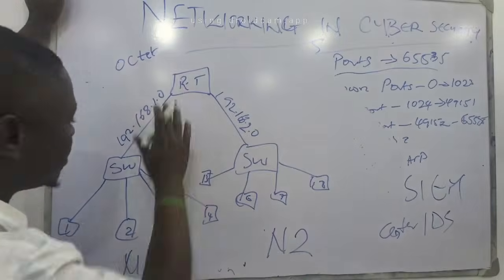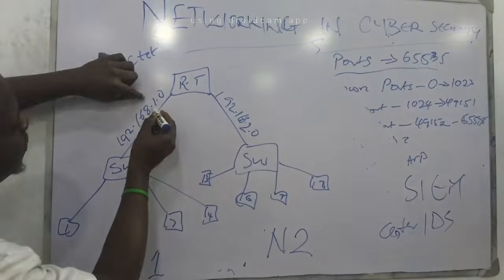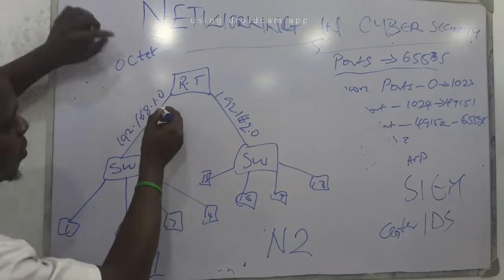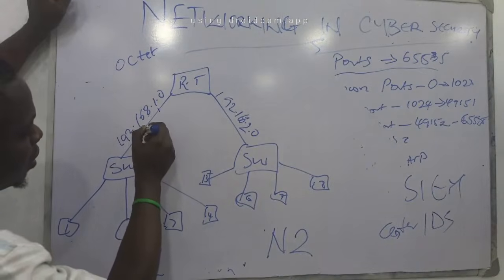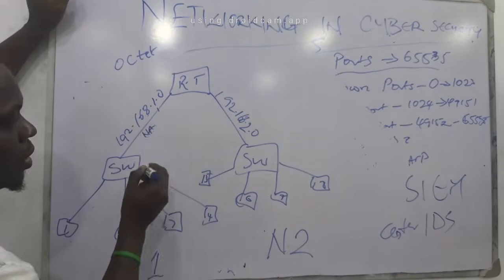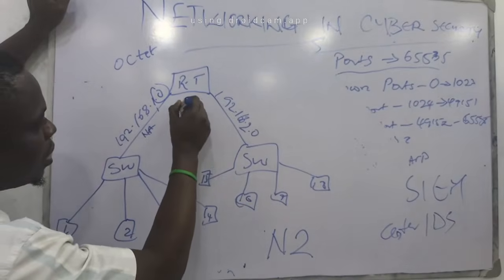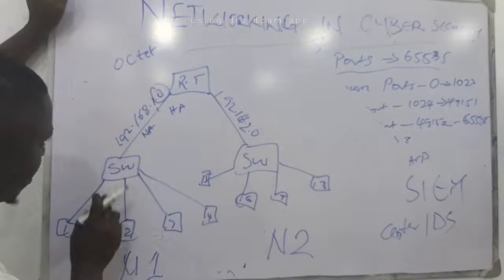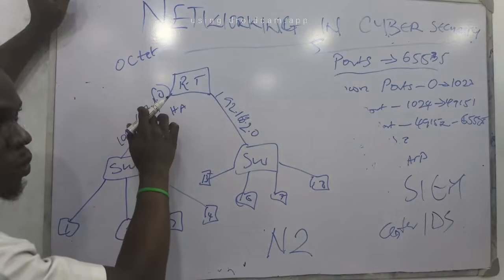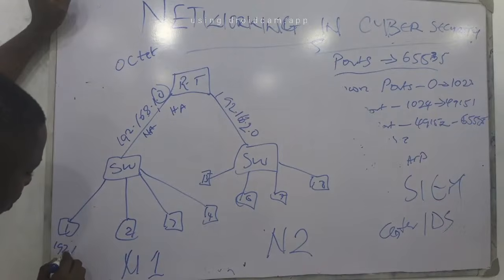Right? So every system now here on this first network, these first three numbers stand for the network's address. Let me say NA. Then this last one here is the host address. So if this gateway address is 192.168.1.0, this system now becomes 192.168.1.1.